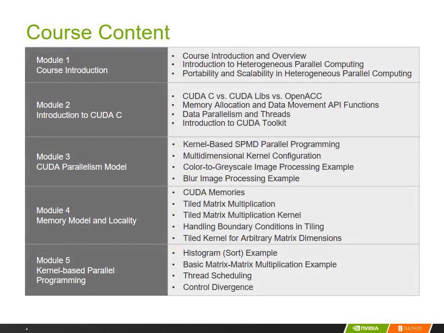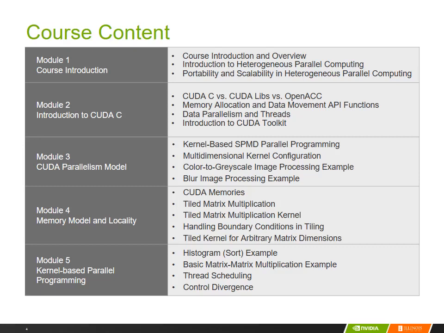The GPU teaching kit is going to have a fairly extensive coverage of topics. The whole course is going to consist of almost 30 modules, and each course could consist of the entirety of these modules or a subset of these modules.